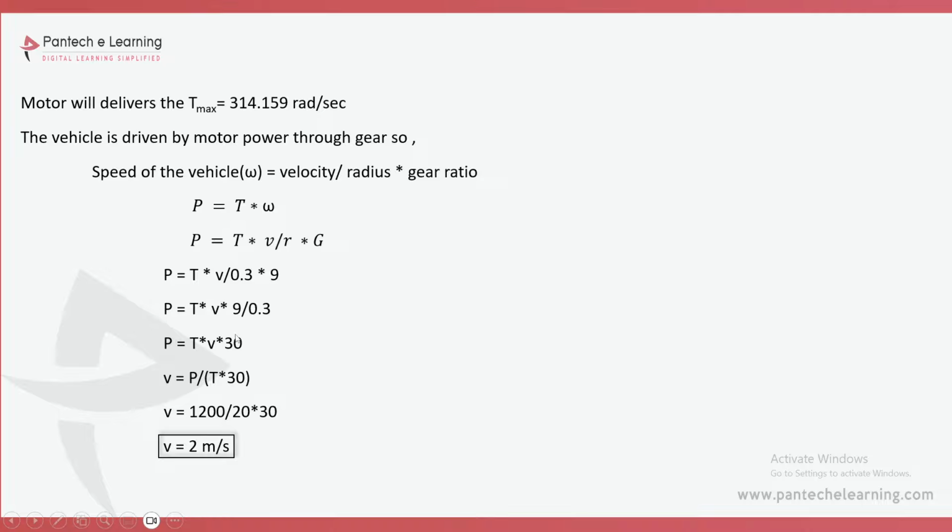Because we have to find V, we substitute and get V equal to 2 meter per second. That means when using this motor, the vehicle goes from 0 to some speed.